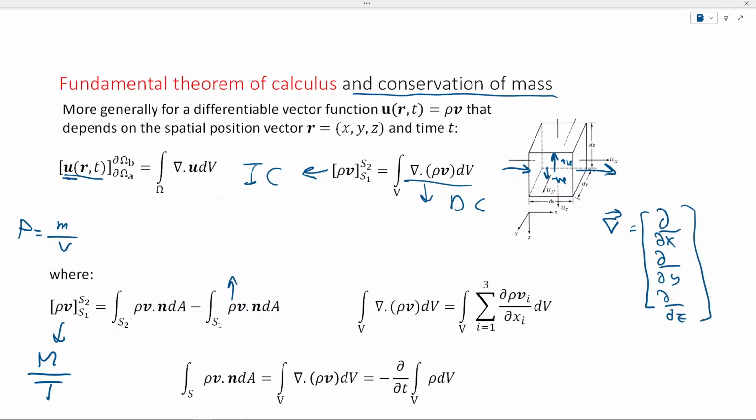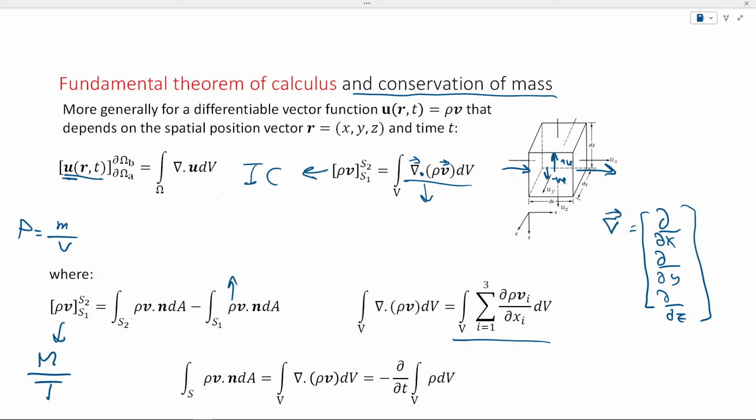Sorry, that's the gradient, and the dot is the vector dot product with another vector, which will give you the divergence of your velocity vector. And if you remember from differential calculus, that guy was equal to something like this, because this guy is a vector, this guy is a vector, and if you check your differential calculus, the product of these two vectors will give you this scalar here.